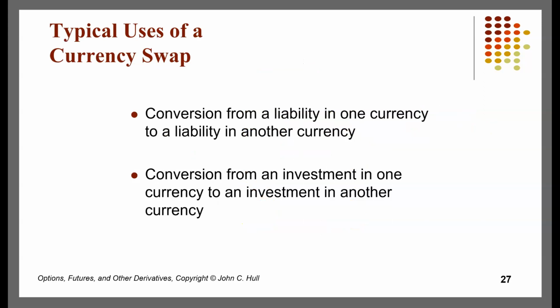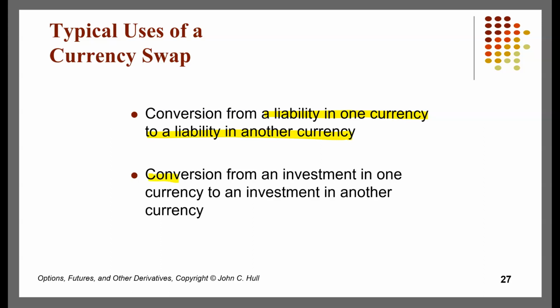Now, the typical uses of currency swaps are essentially to convert liabilities in one currency to a liability in another currency. So if you're an international investor or an international merchant, and you typically have purchased products in the UK, and you want to convert those bills that you get in British pounds into US dollars, you could enter into these transactions.